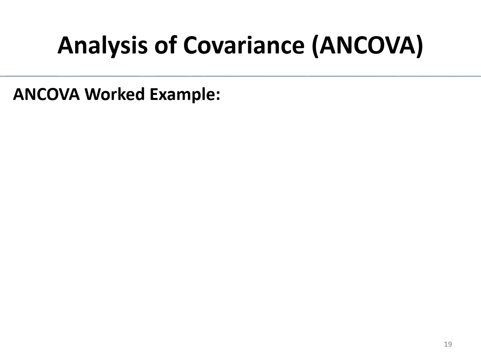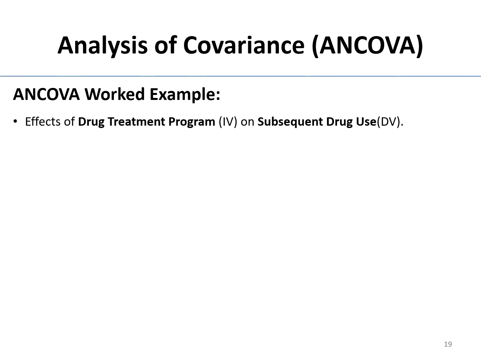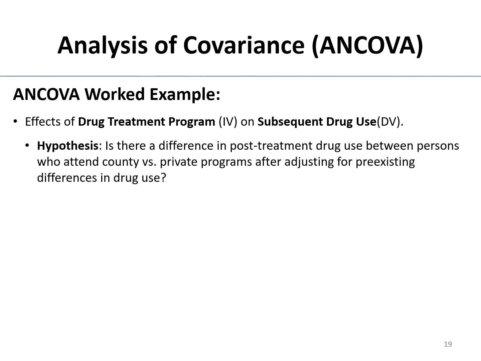All right. Are you ready to go ahead and do an example of an ANCOVA? Well, shocker. The example we're going to do is the effect of drug treatment on subsequent drug use. So in this case, our hypothesis is: is there a difference in post-treatment drug use between persons who attend county versus private programs after adjusting for pre-existing differences in drug use, that is, their baseline drug use levels?